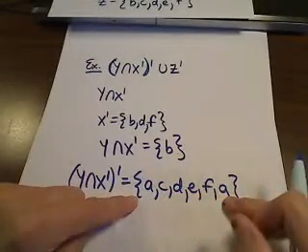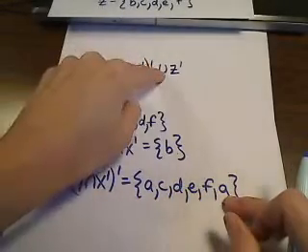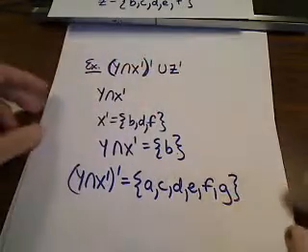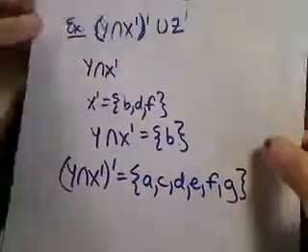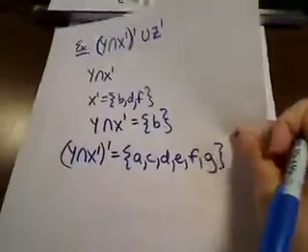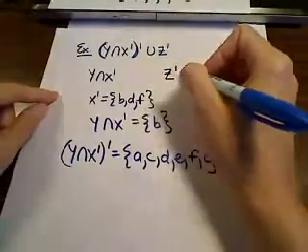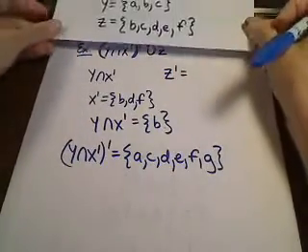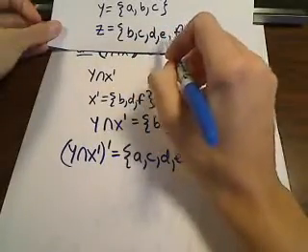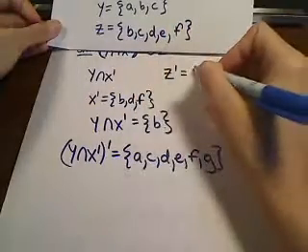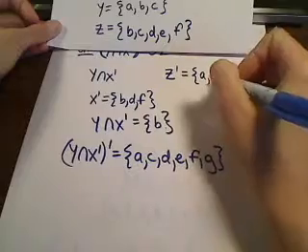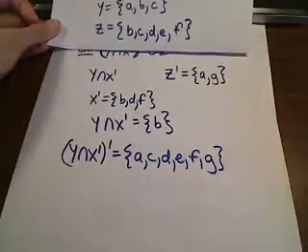We keep assembling this. This piece now, I'm going to try and union that with Z naught. First of all, we need to find Z naught. I think I'll write Z naught up here. Z is B, C, D, E, F. Z naught then is A and G. That's what it's missing from the universal.